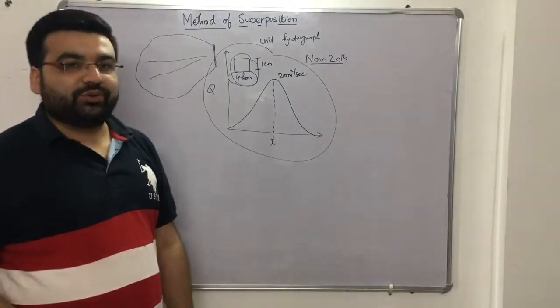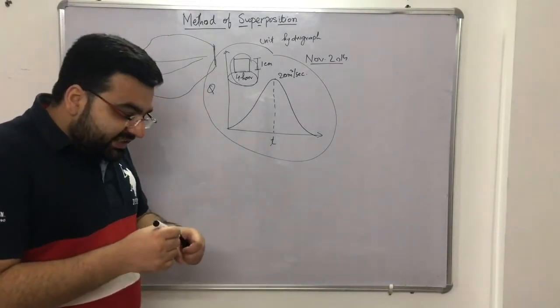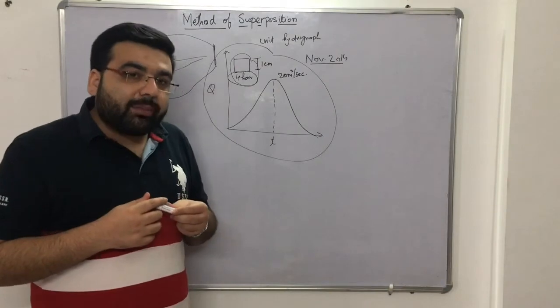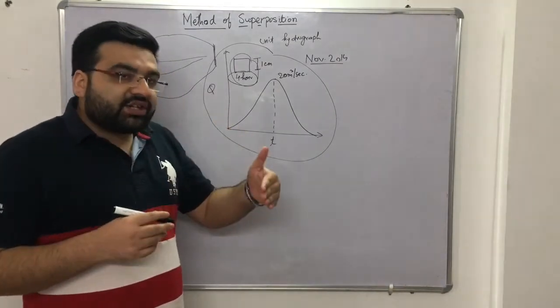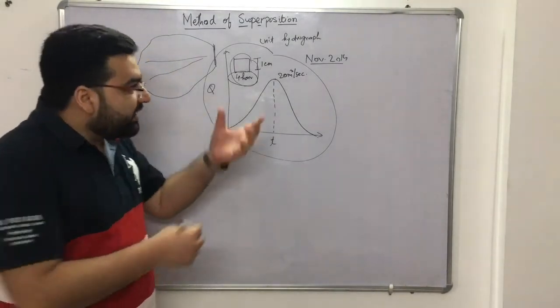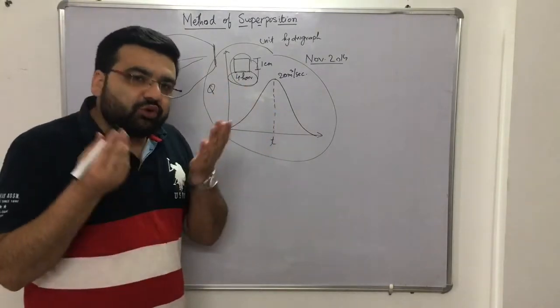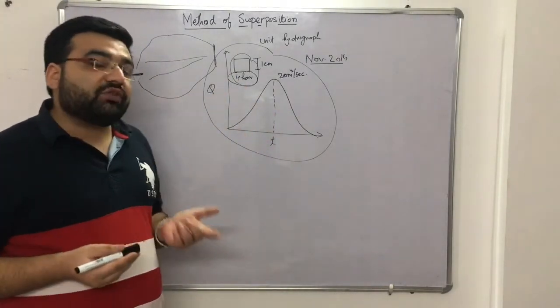Then what will you do? Is it really economical to get the data every year? What will be the use of this unit hydrograph then? No use. So there should be a use of the unit hydrograph.